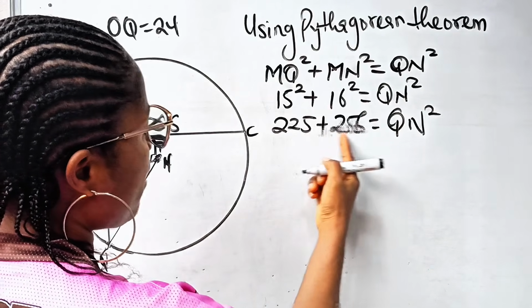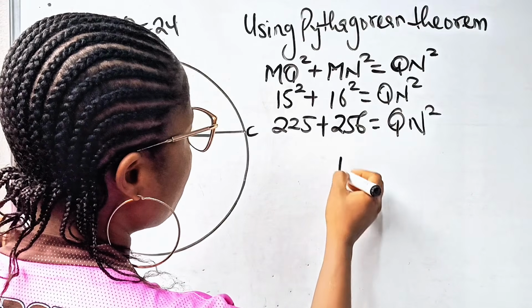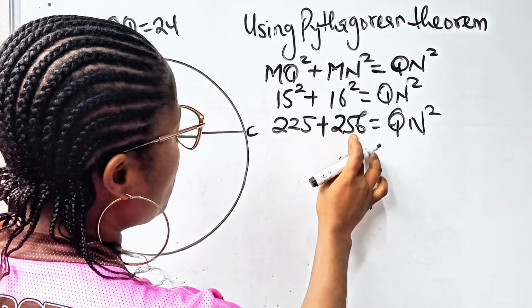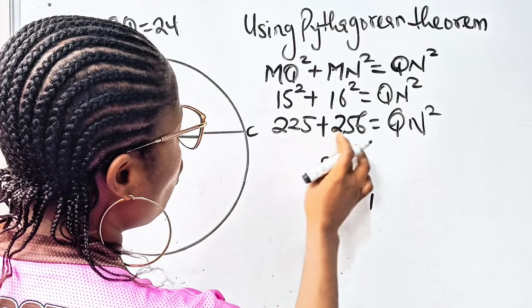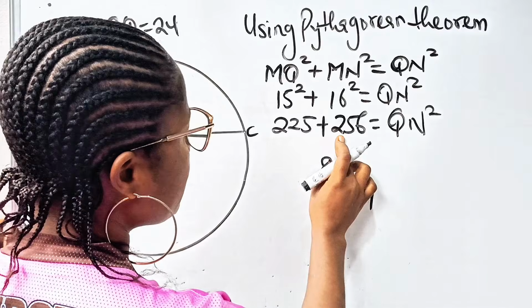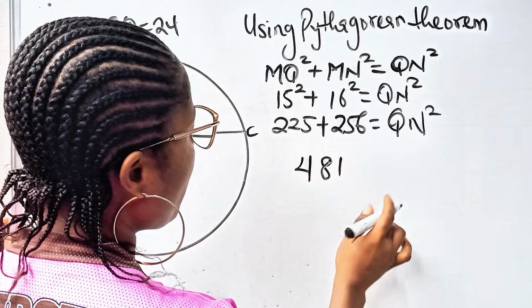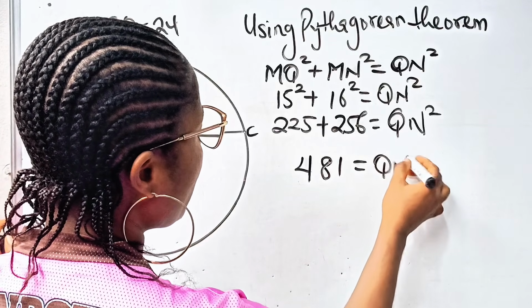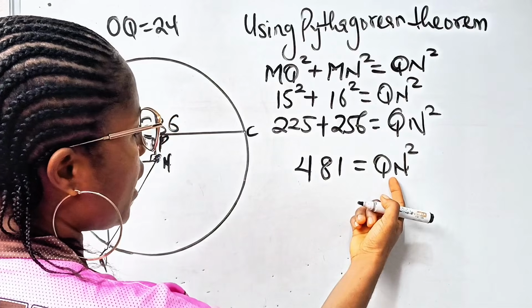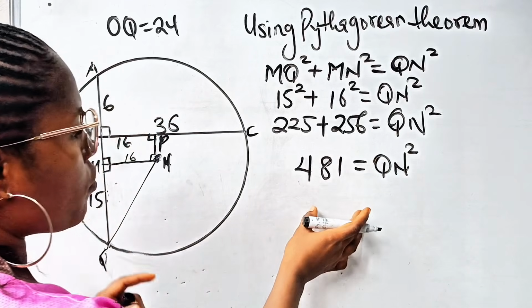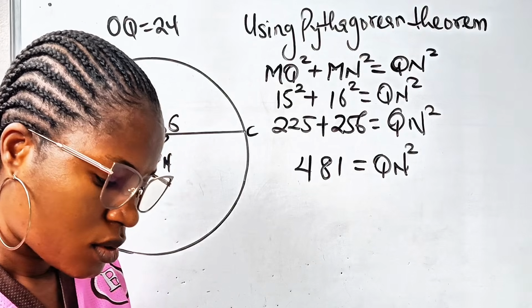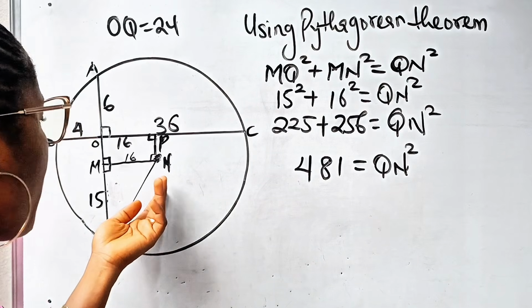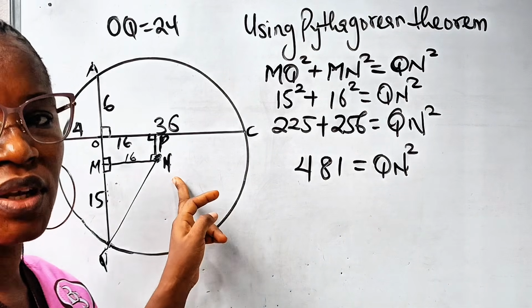So we add 5 plus 6 is 11, carry 1. 2 plus 5 is 6, 7 plus 1 is 8. 2 plus 2 is 4. So we have 481 equals QN squared. Now to get QN, we take square root of both sides, and we're going to use the positive square root. Okay, that is because we are talking about length, and QN cannot be negative.